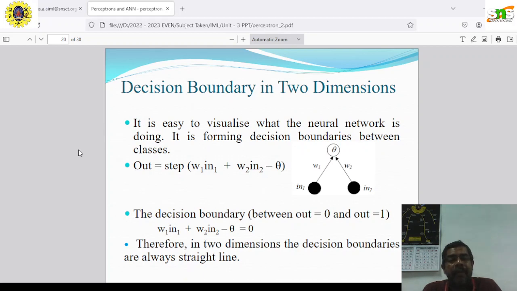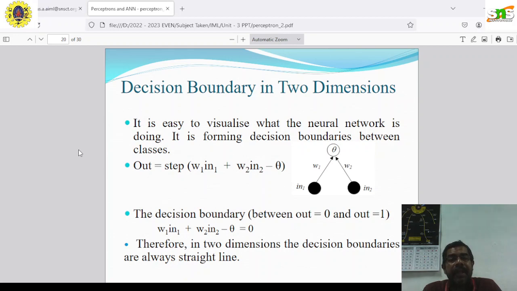I have the value of theta, and I have the weights: input 1 and input 2, with weights W1 and W2. It produces one outcome, and we can write the boundary equation like this: the output equals the step of the sum of xi times wi. In the same format here, we multiply W1 with x1 plus W2 multiplied with x2, and then subtract theta.